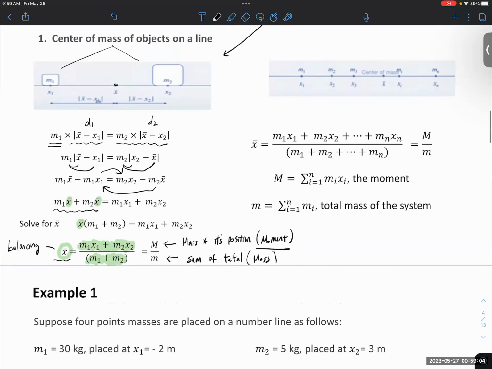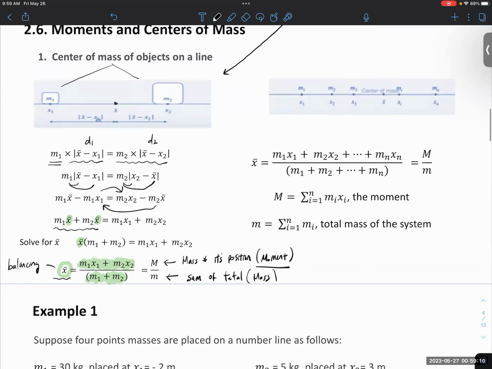Okay, so now let's expand this idea to the next level. What if I have multiple items, m1, m2, m3? Let's say you have an infinite number of items, and every item has a different weight. Same idea, you can still find the balancing point, although you have many different items.